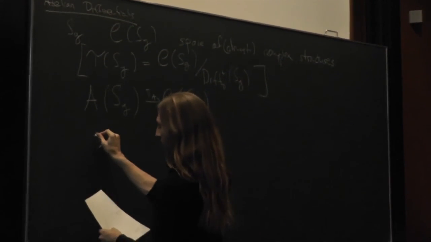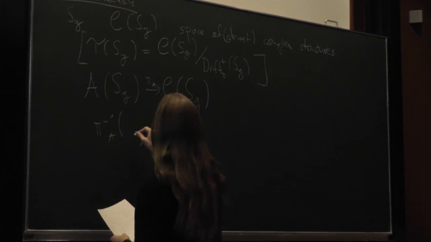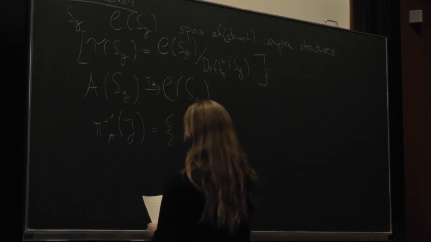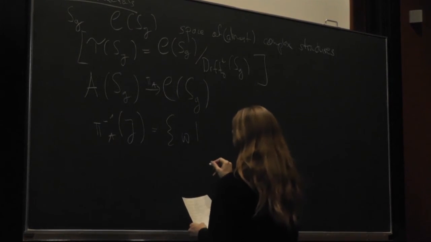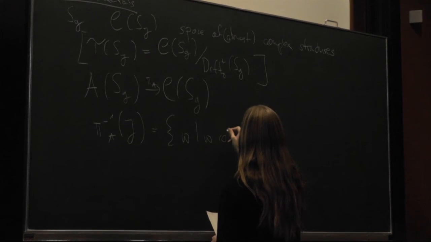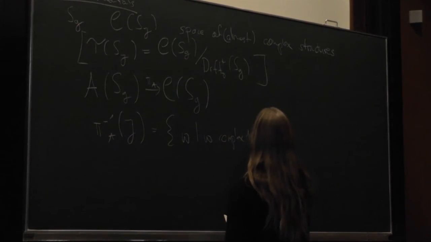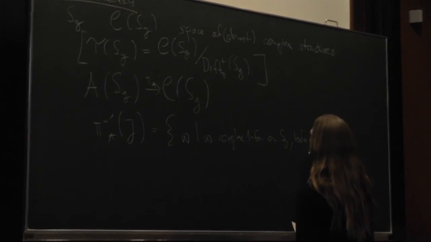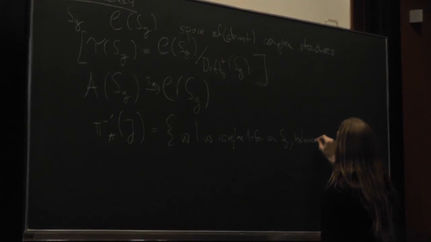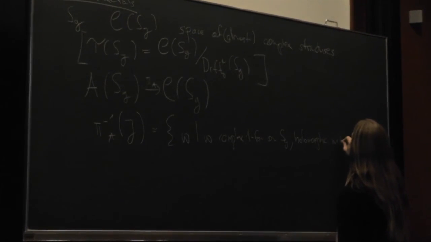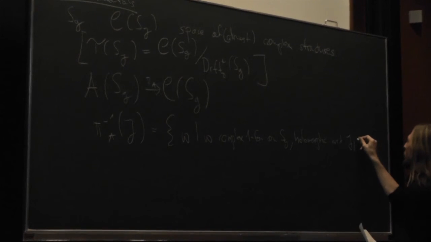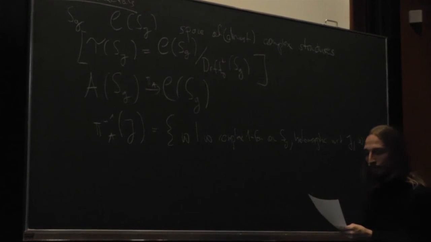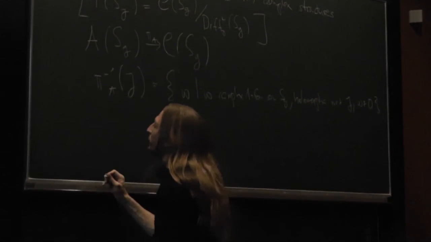And the fibers over some element here, so some almost complex structure J, is omega, where omega is a complex one form on SG, which is holomorphic with respect to J. And it's not zero. So not completely zero. Okay, so what do we know about the spaces?